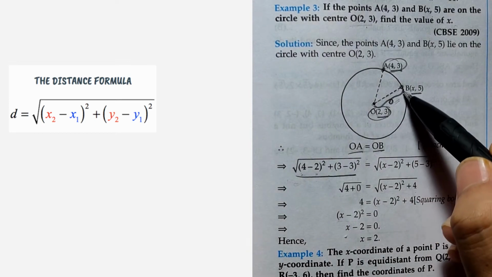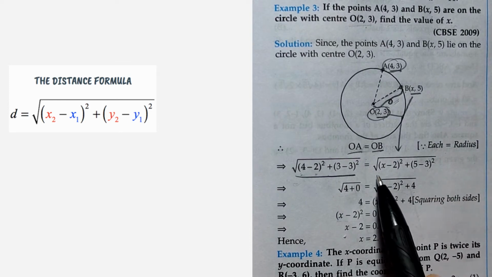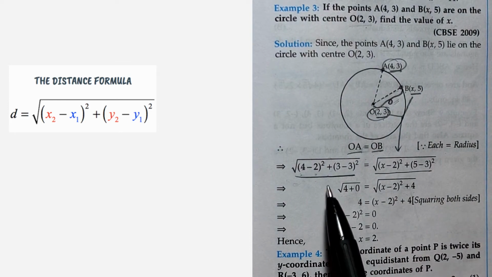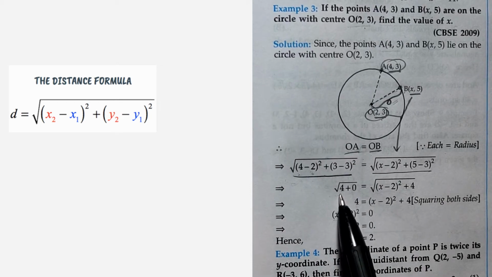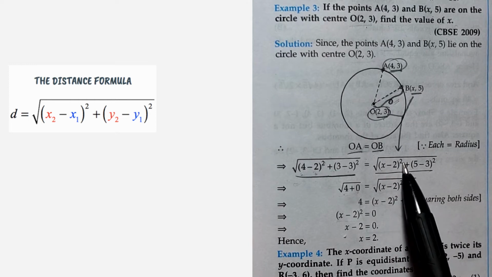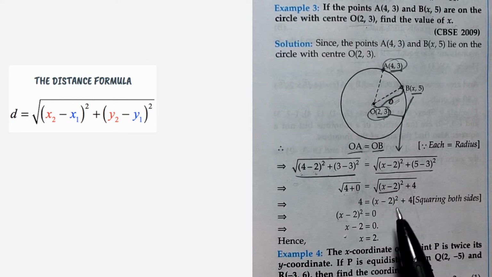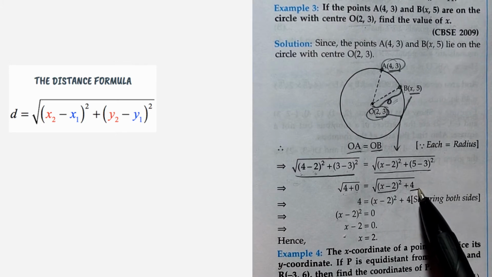Similarly, taking OB and substituting the values, we get this. So solving this, 4 minus 2 is 2. 2 squared is 4, 3 minus 3 is 0, 0 squared is 0. (x minus 2) whole squared cannot be solved yet. 5 minus 3 is 2, whole squared is 4.